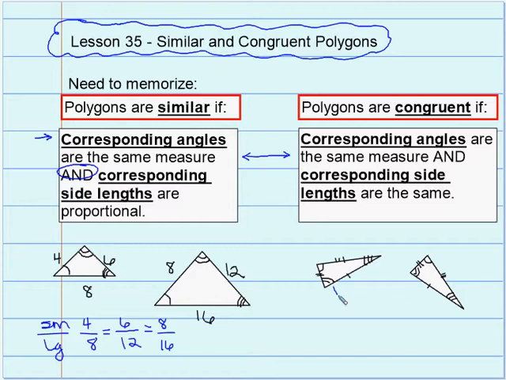I don't know if you want to draw lines on your paper to show which ones go together or make a note. And when you have the number of tick marks, like a 1 corresponds with a 1, 2 corresponds with 2, 3 corresponds with 3. Okay, so hopefully, because all the side lengths are marked and they correspond to each other, and the angles that correspond to each other are congruent, then we have congruent figures.